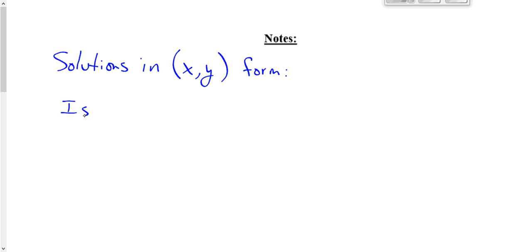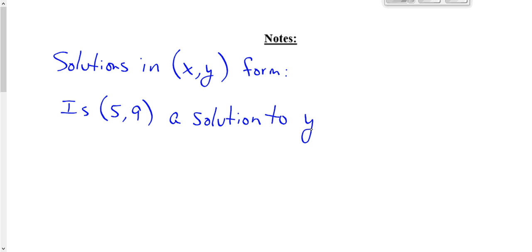Is (5, 9) a solution to y equals x plus 4? And how would you figure that out? Well, remember this (5, 9) is actually an x, comma y, isn't it?